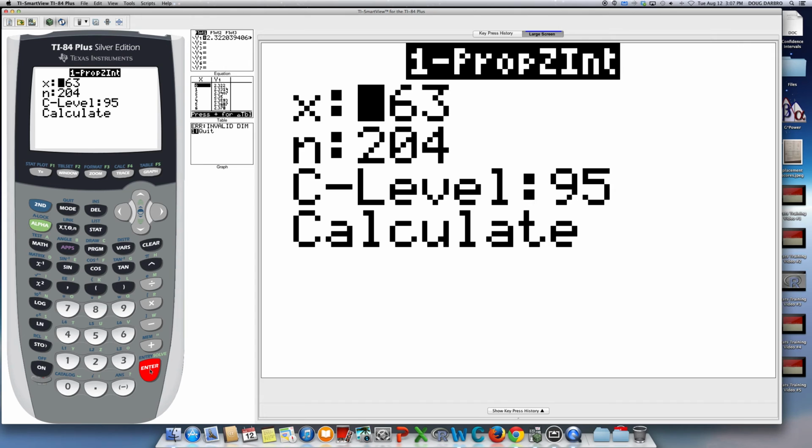The commands here are really easy. We had 58 out of 150, and a confidence level of 90%.